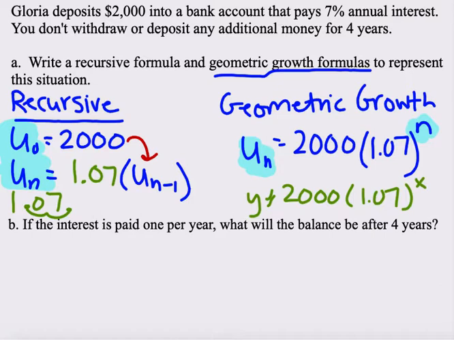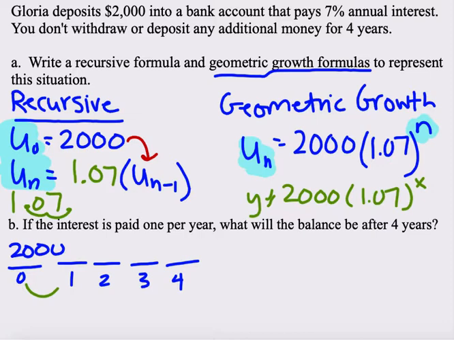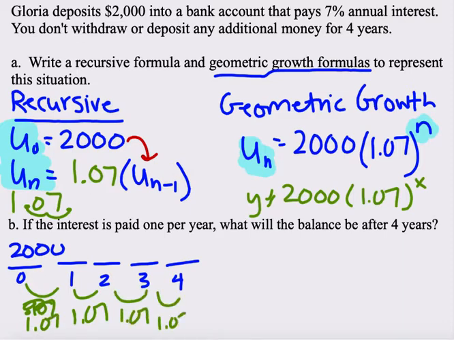Well, you certainly could use the recursive formula, and on that 0th year, it starts as 2000. And you could certainly, with your calculator, multiply by that 1.07. Oops, I wrote that wrong, 1.07. You could use the table function on your calculator that we practiced.